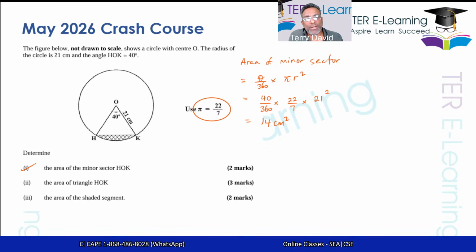So that's the area of the minor sector in this case here. If you get a question like this, you jump for joy for sure. So that's 2 marks. The next thing we want to do is work out the area of the triangle HOK. So the area of triangle.